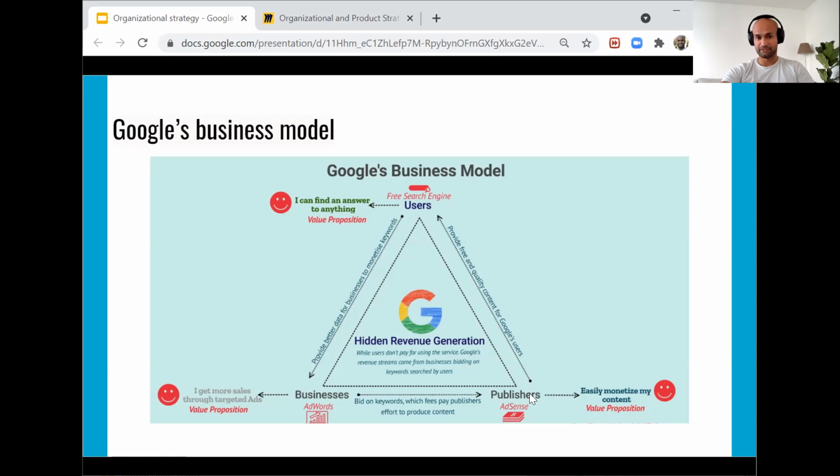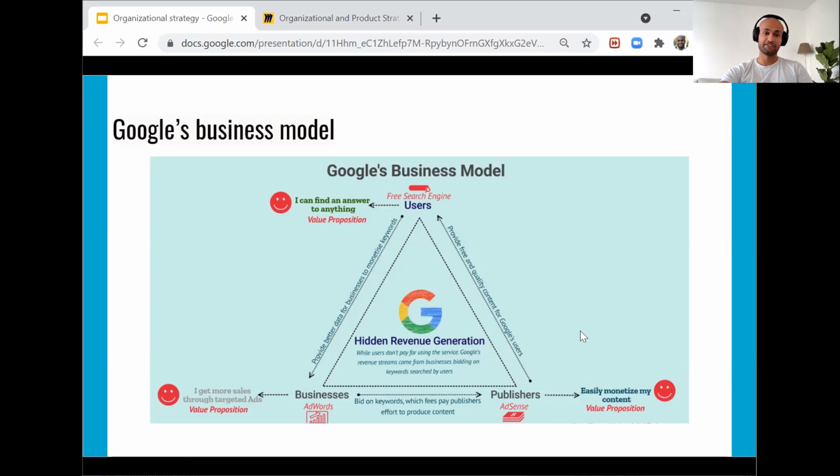For the publishers, they have the product of AdSense, where publishers can monetize their content. And so they can put out content as a publisher. You can earn money based on what you're publishing, whether it's blog posts or podcasts or videos or something else. So it's three different value propositions.